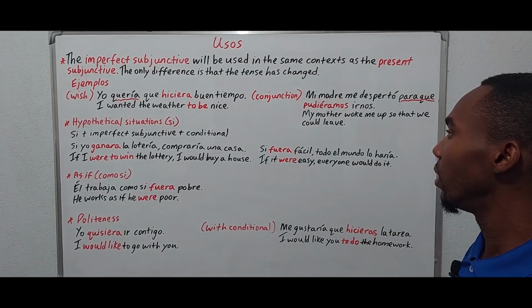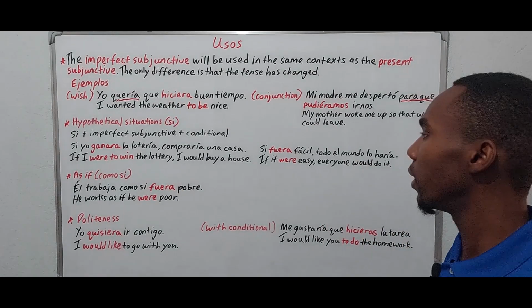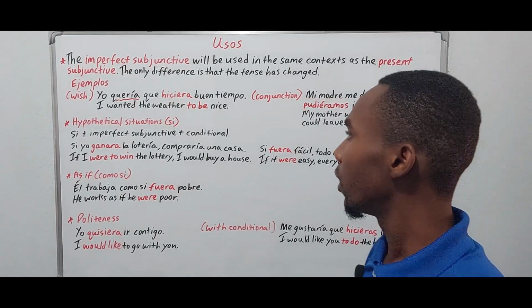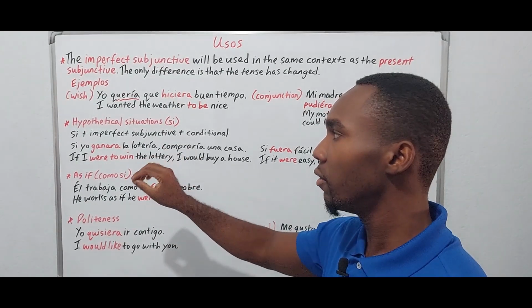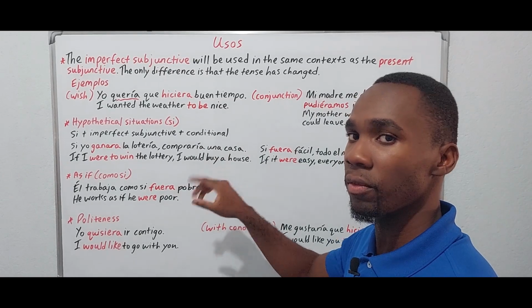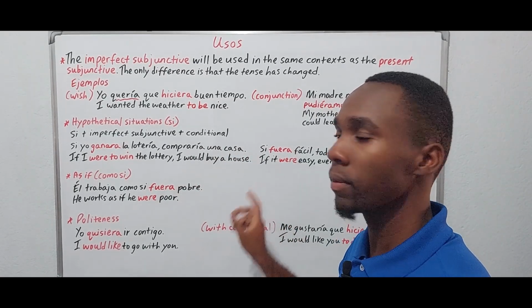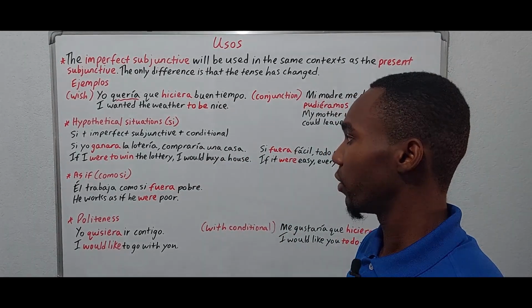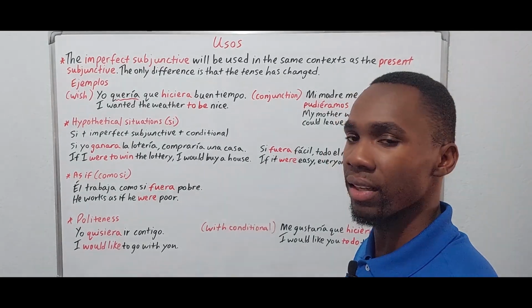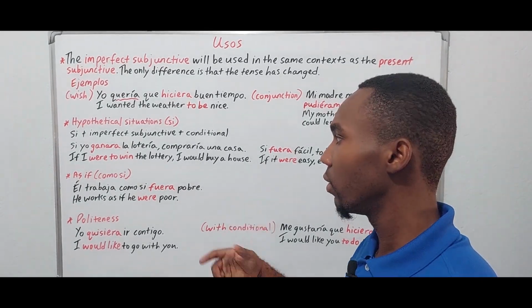If it were easy, everyone would do it. So the structure is going to be si followed by the imperfect subjunctive followed by the conditional. Okay? So yes, the second context: as if, como si.